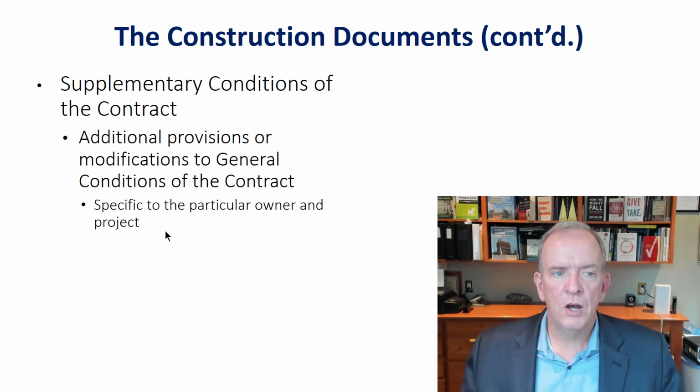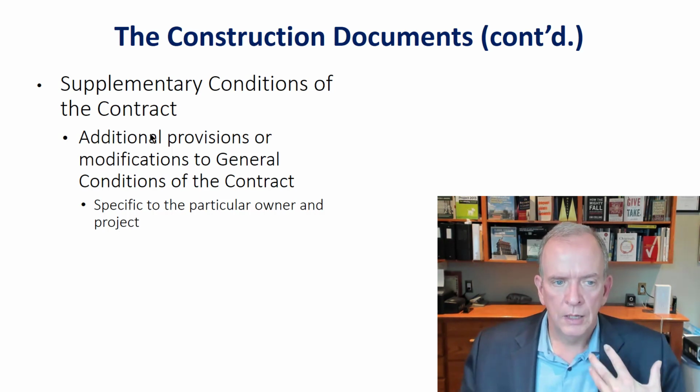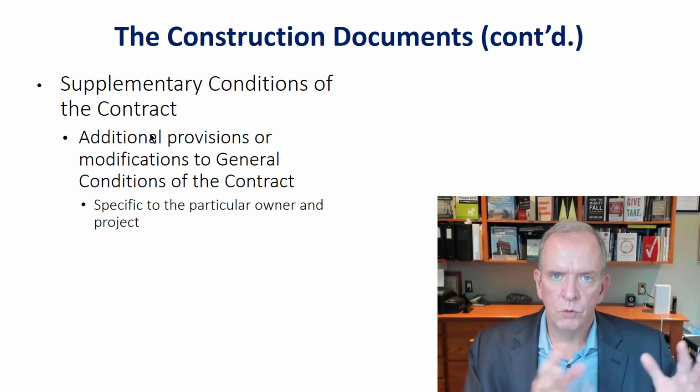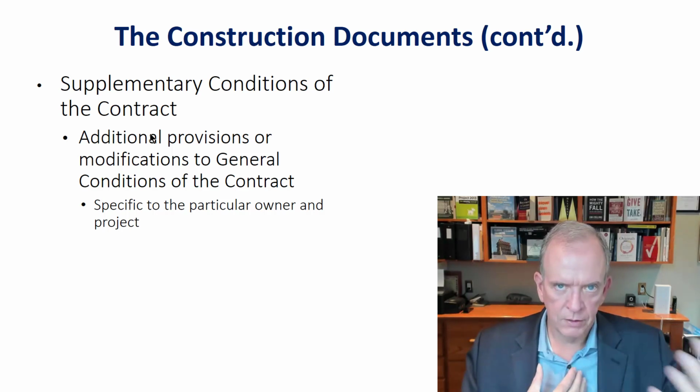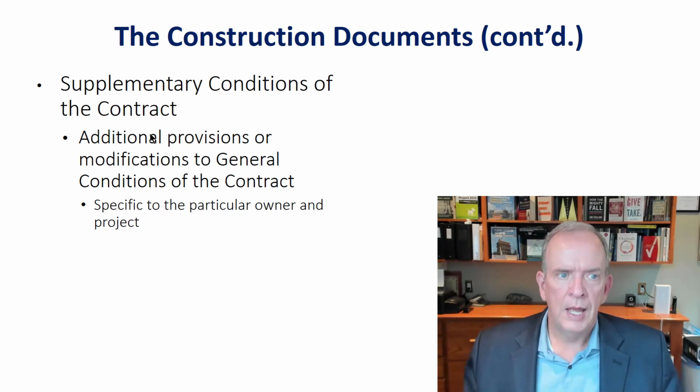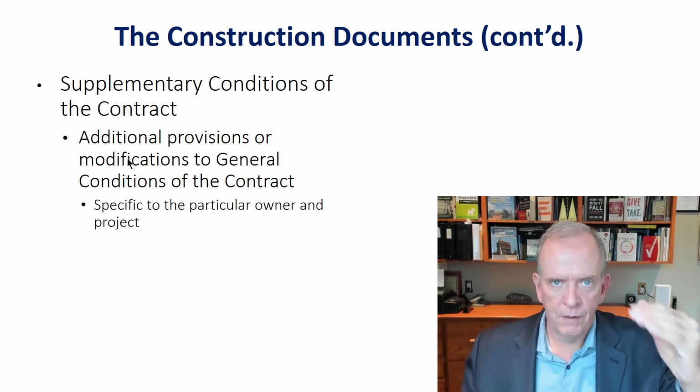Supplementary conditions of the contract is really part of any special provisions that are exemptions, requirements that are specific to the particular owner and project. So you have to be very cognizant of the supplementary conditions of the contract. The general requirements of the contract is the relationship between the parties that are getting involved in the contract, and the supplementary conditions is an opportunity for there to be a lot of details.